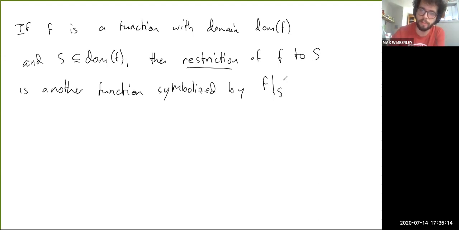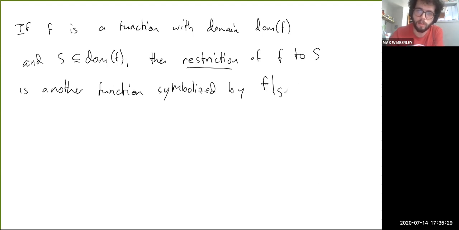Sometimes people just write S normally and not as a subscript. Conventions vary, I guess. But if you see f with a vertical line and then a set after that, that's the restriction. This is technically a new function, right?